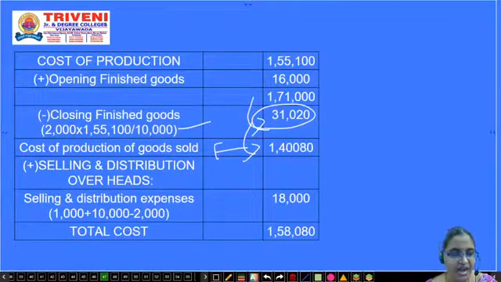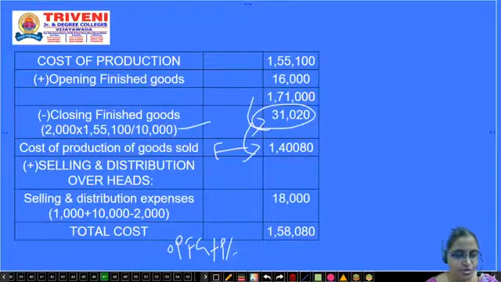Next, add selling and distribution overheads. In that heading, you take selling and distribution expenses 40 paise per unit sold. The number of units sold was not given. It was also calculated with the help of a formula: opening finished goods plus number of units produced minus closing finished goods.